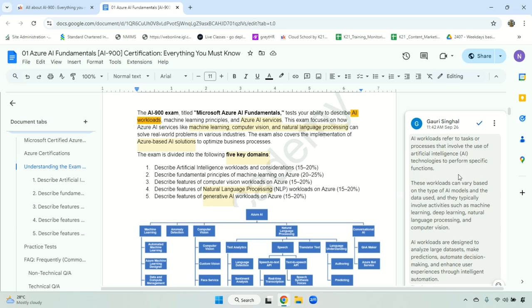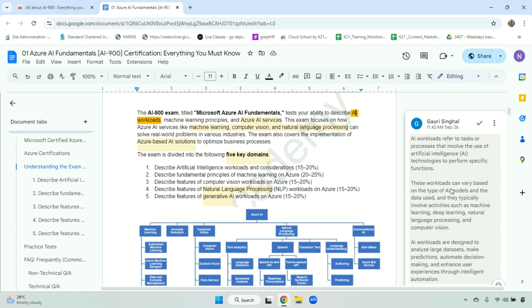When I say AI workloads, I am referring to some task, work or process where I need artificial intelligence technology to perform a specific function. That is what AI workloads mean.